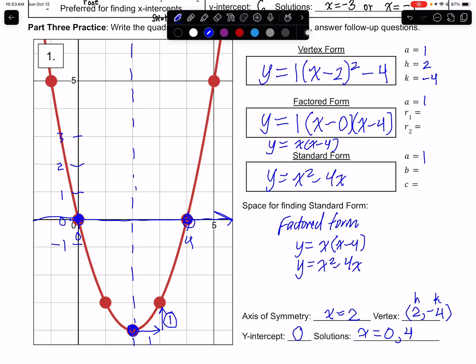So a is 1, b is minus 4, c is 0. 0 and 4. So these are your x-intercepts, right? And then this is your vertex. That's just what I want to get you to see.